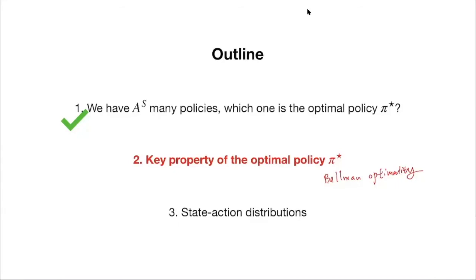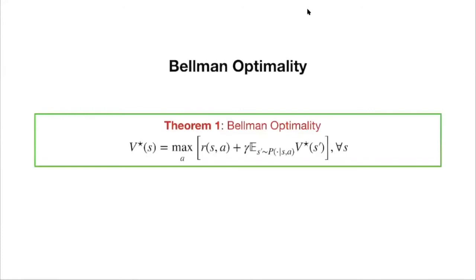Okay, so we're gonna talk about this Bellman optimality, and again, this is closely related to dynamic programming. Let's just jump into the theorem, then we look at an example, and then let's try to prove that. This theorem says that for V star, let me remind you that throughout the semester V star is short for V pi star.